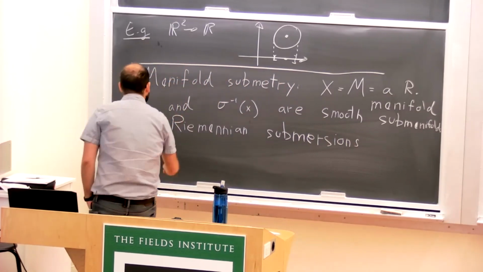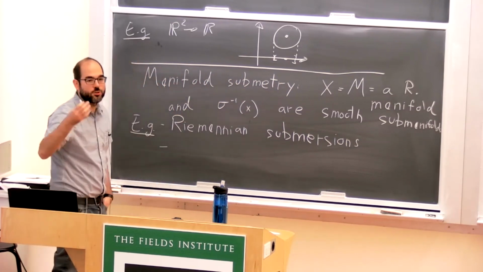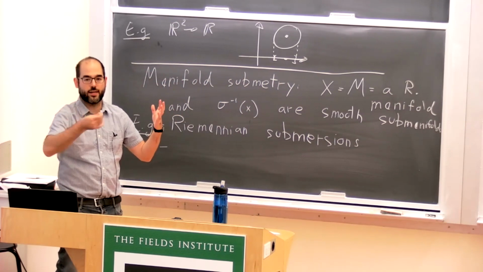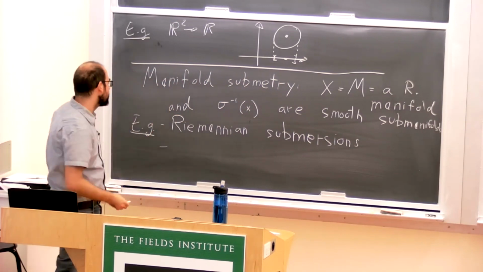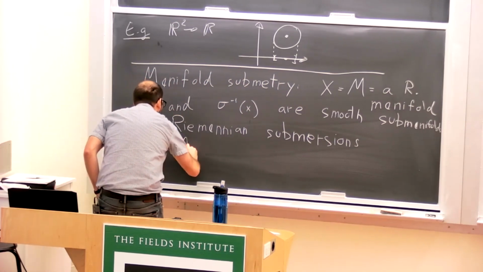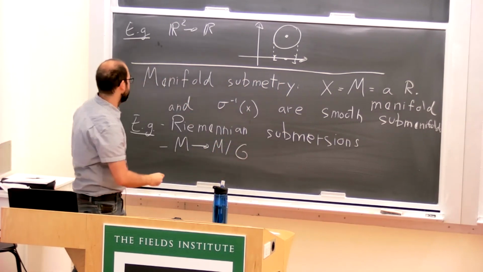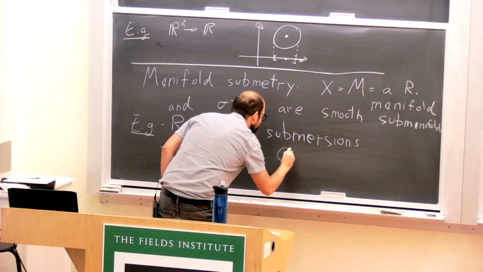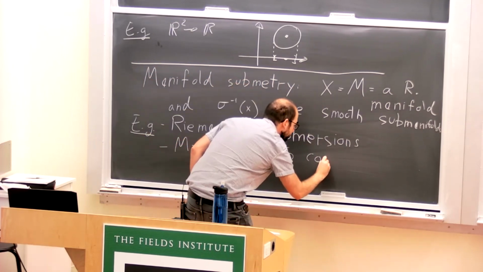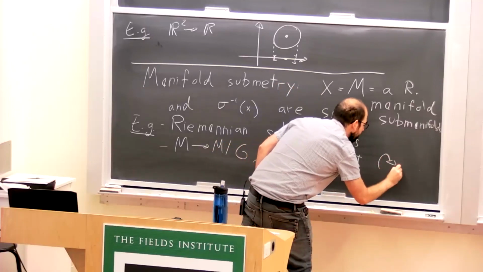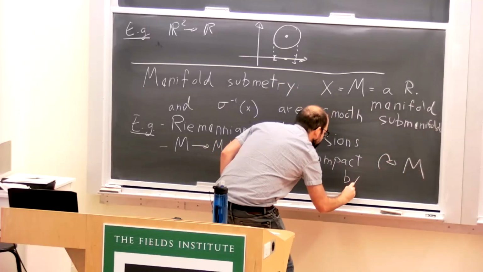Another typical example is the orbit space map, when you have a Riemannian manifold M and an action by a compact group G by isometries, so the quotient map onto the orbit space.